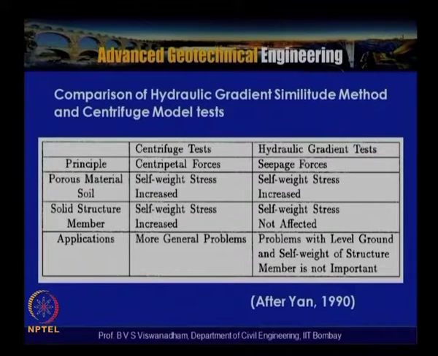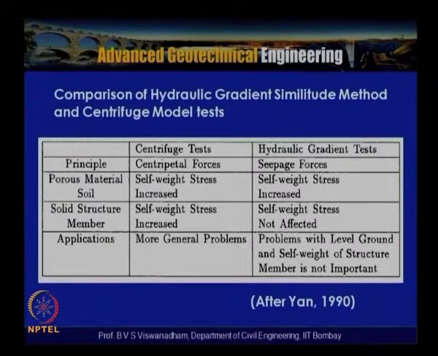As far as the hydraulic gradient test is concerned, we said that this is mostly used for granular or sandy soils, and for problems with level ground where the self weight of the structure member is not important, like a footing resting on a horizontal surface, or the uplift behavior of piles embedded in sandy soils.